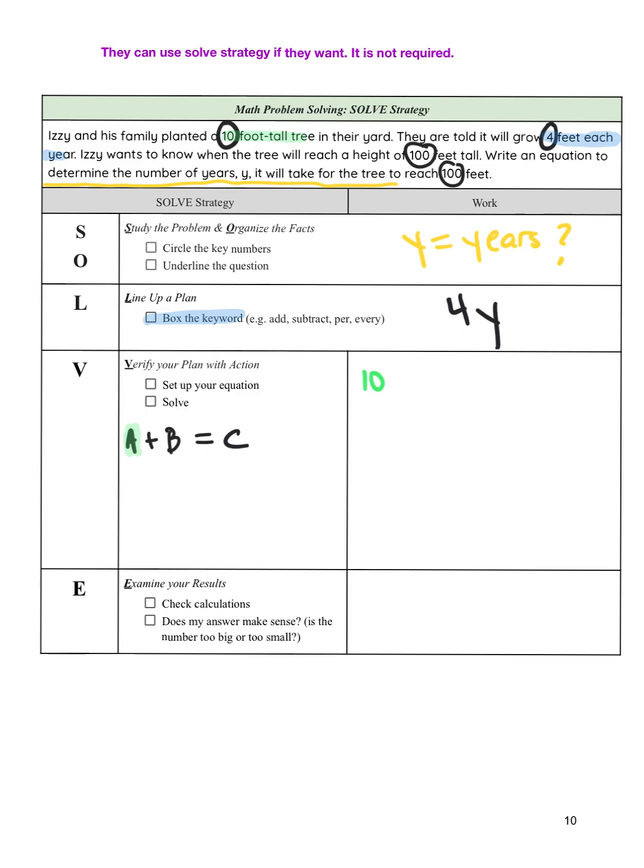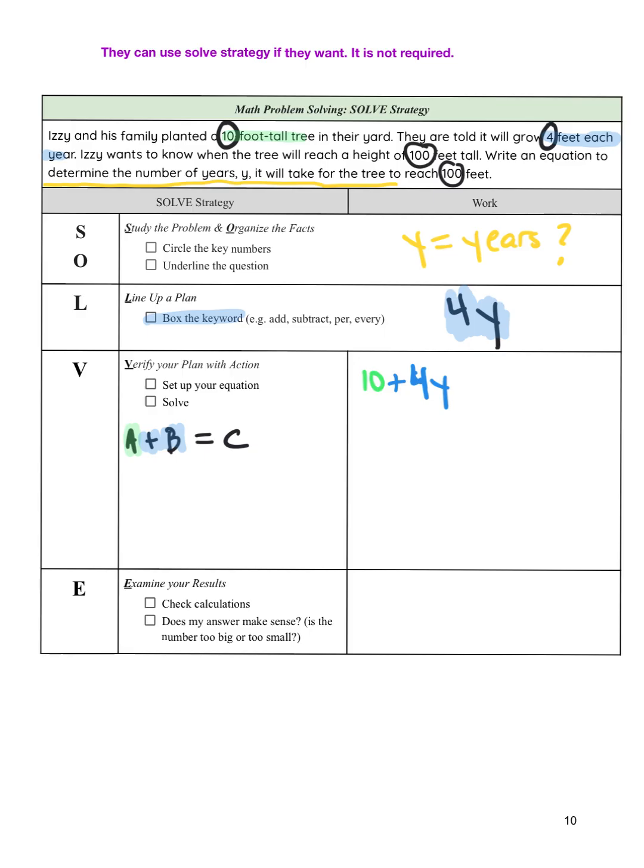Then my B, that's my increase or decrease, right? My each, and I've already figured that out. My increase is 4 feet each year. So my B is plus 4y.